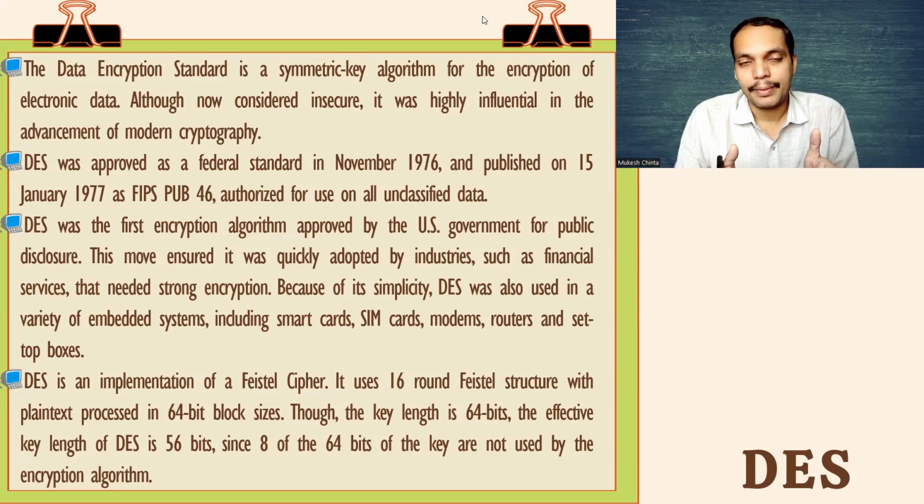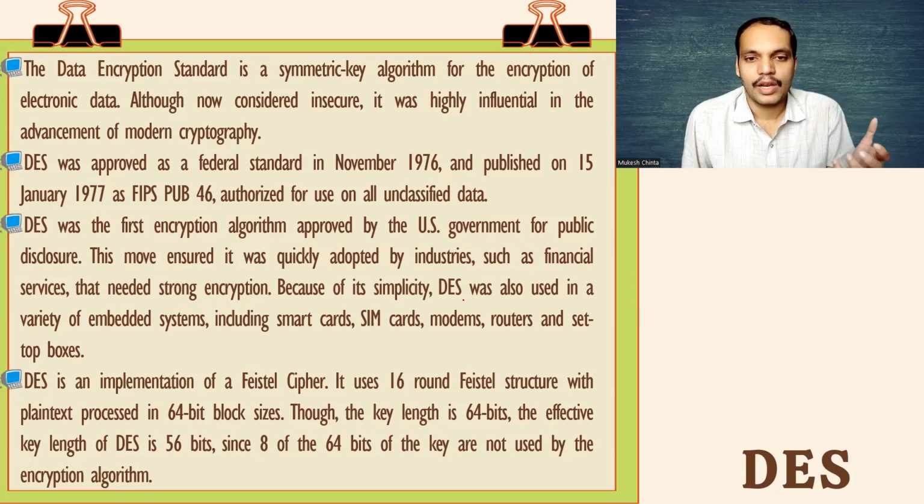IBM submitted a proposal of an algorithm they were currently using, known as LUCIFER. Though they made some minor changes to it before submission, LUCIFER was widely accepted and was standardized as the Data Encryption Standard. It was the first encryption algorithm approved by the US government for public disclosure. This move ensured it was quickly adopted by industries such as financial services that needed strong encryption.